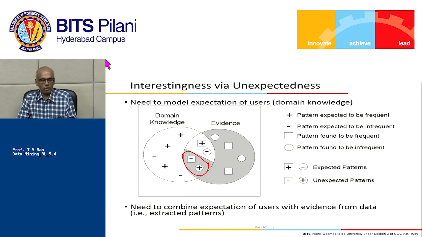What this evidence is showing is something which is along with the domain knowledge. And then if you see that something is infrequent when you expect it to be frequent, or it is frequent when you expect it to be infrequent, then it is clearly something which you want to study further, and that is something you have learned from the data.